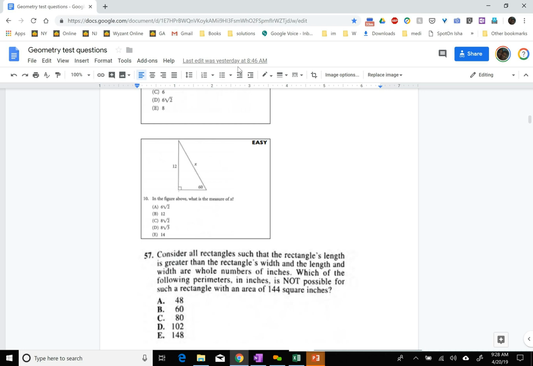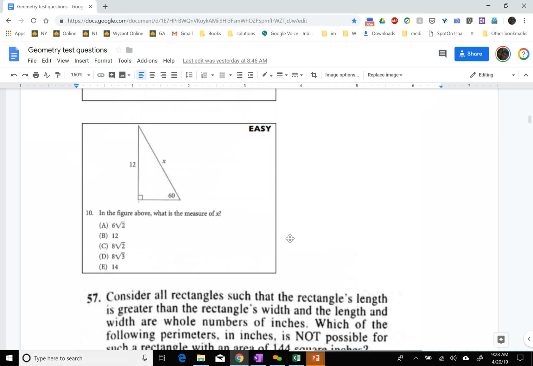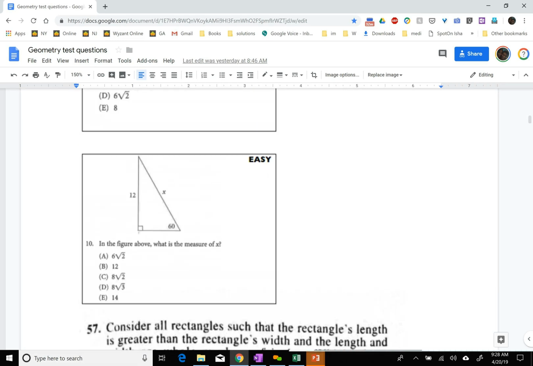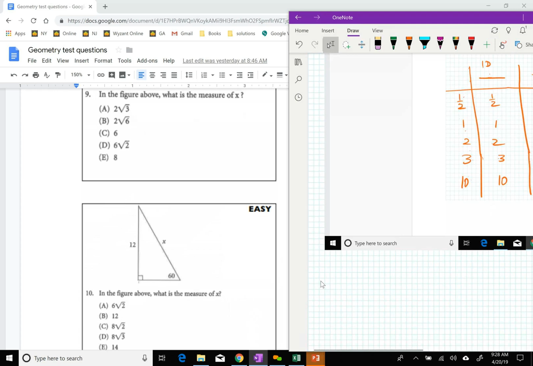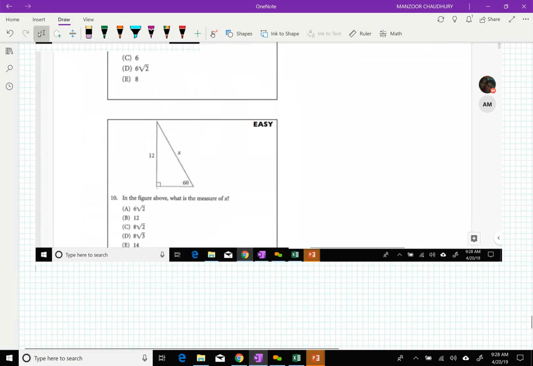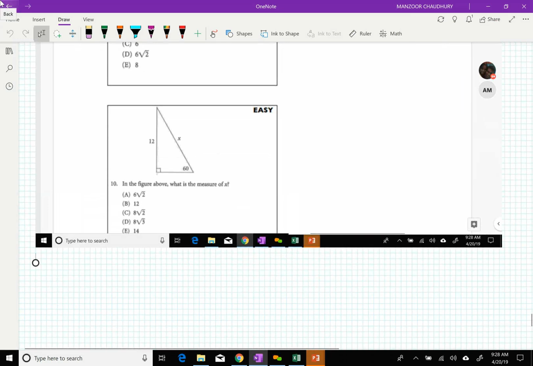It's 30, 60, 90, so this side must be 12 divided by root 3.